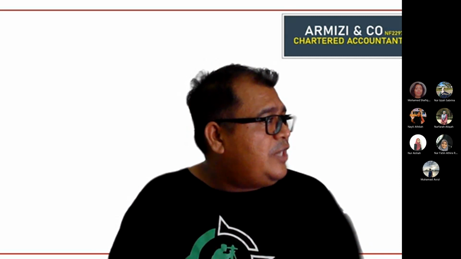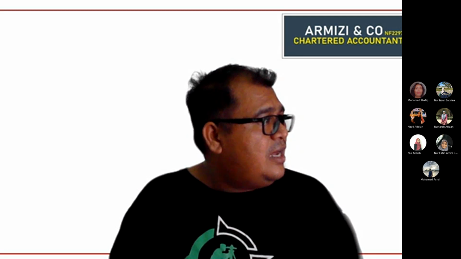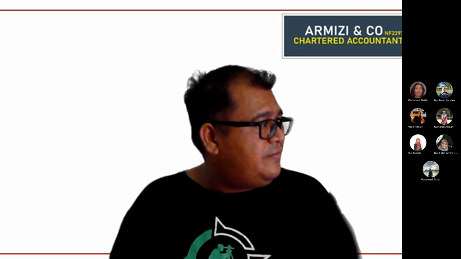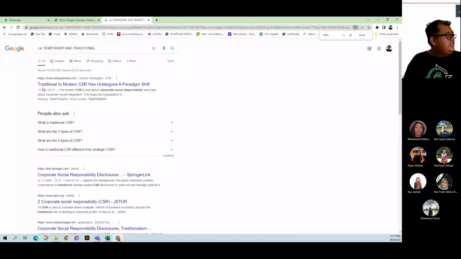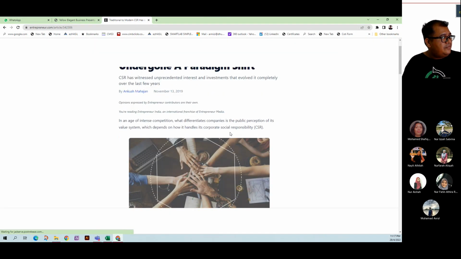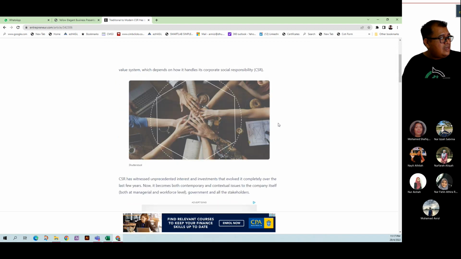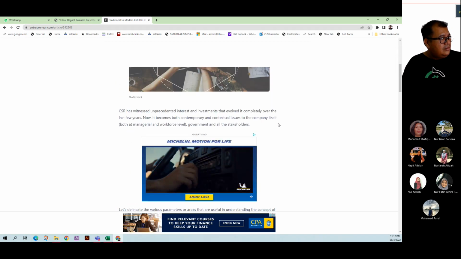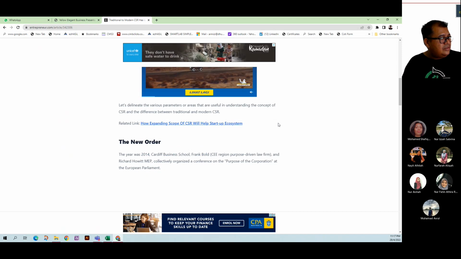Yes. Traditional to modern, for example here it says traditional to modern CSR has undergone a paradigm shift. Is this what you mean? Let me share, the heading at the top: Traditional to modern CSR has undergone a paradigm shift. In the age of intense competition, CSR, corporate, work level, the new order.